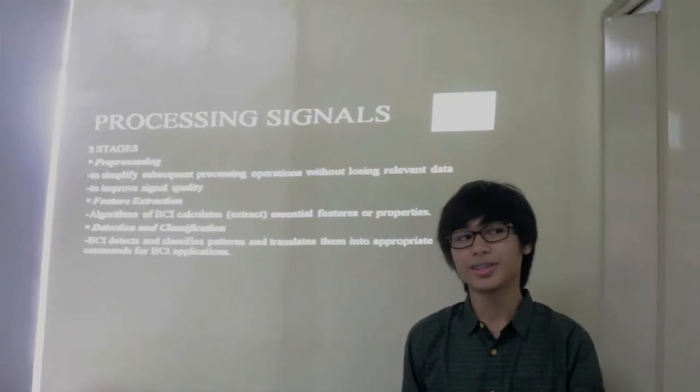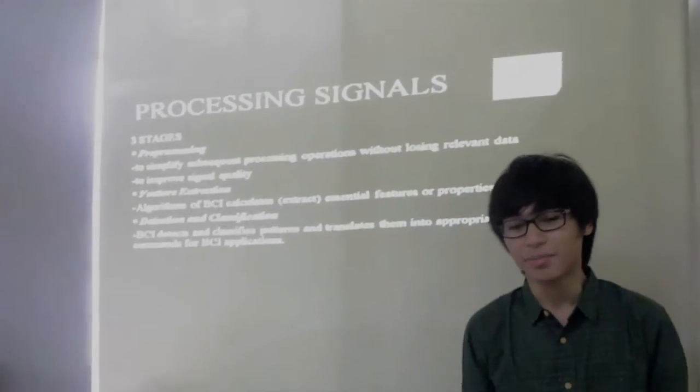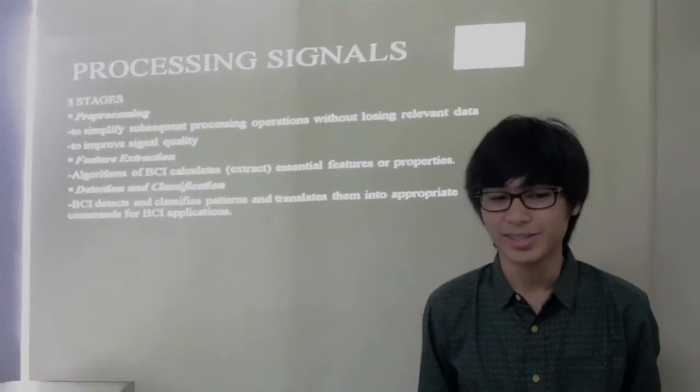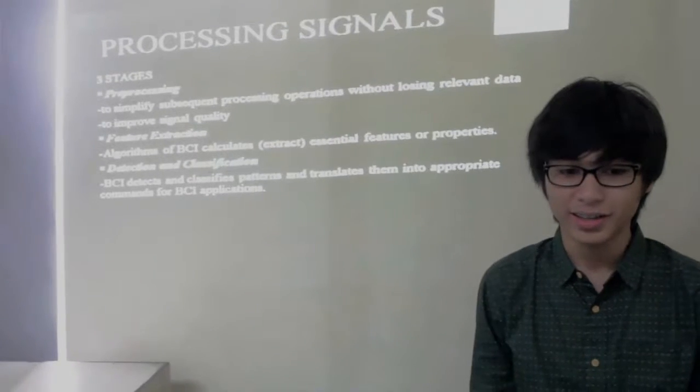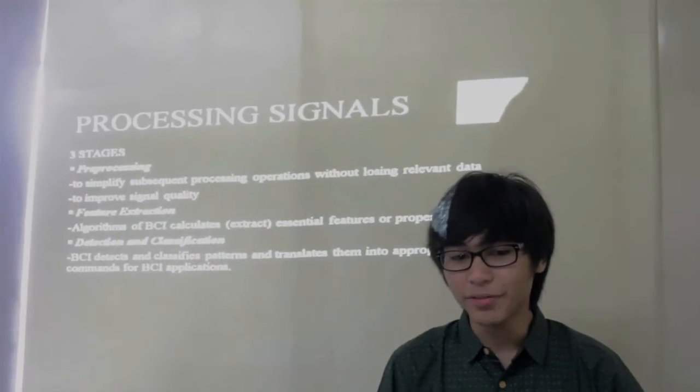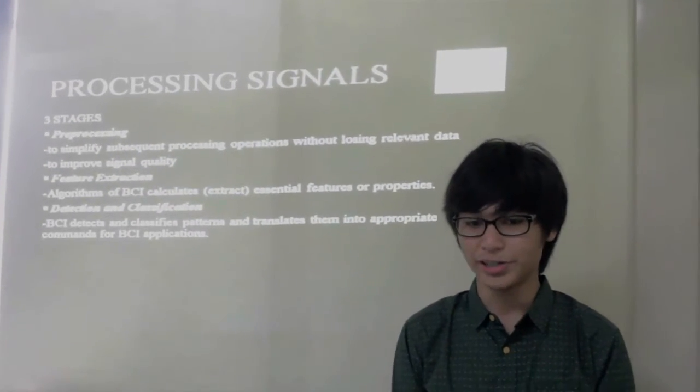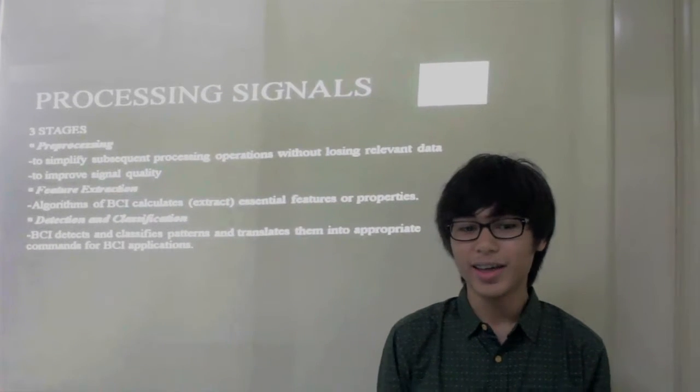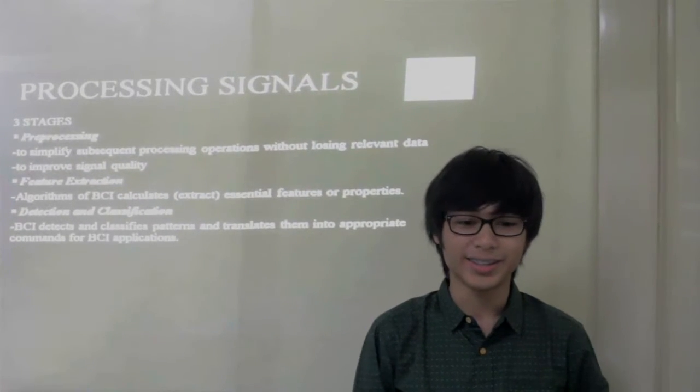So, how do the signals get processed? Well, there are three stages. First is the pre-processing. It aims to simplify subsequent processing operations without losing the relevant data and to improve signal quality.